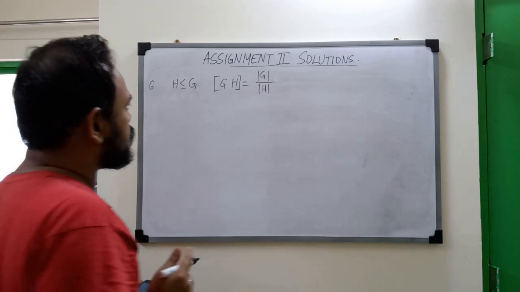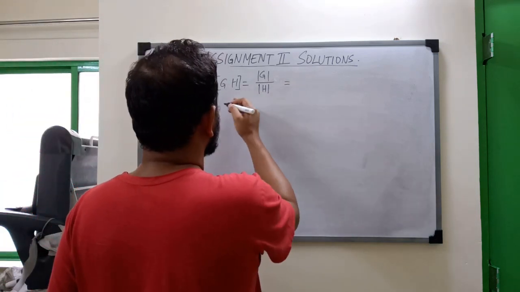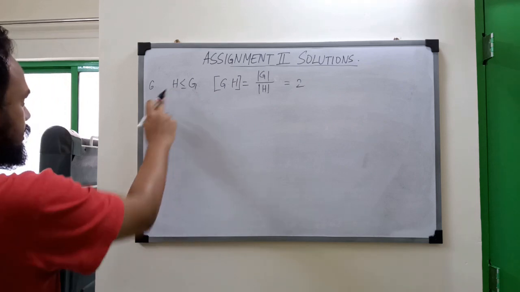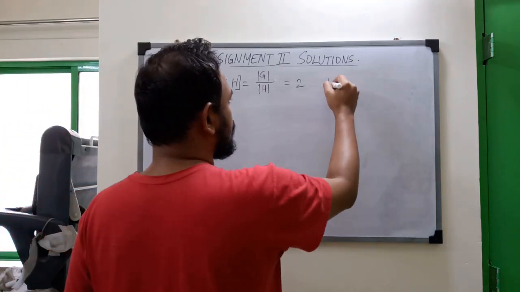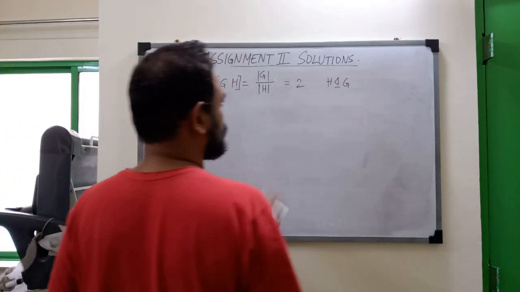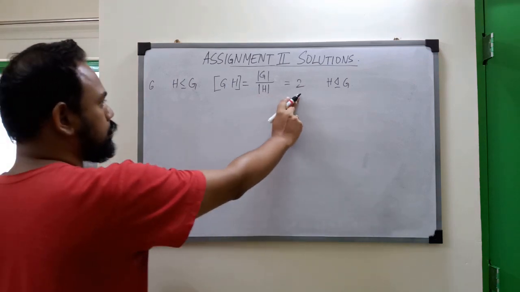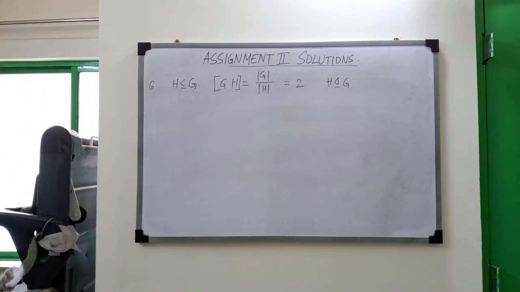Now the question is, suppose the index of H in G is 2 for a particular subgroup. Show that H is a normal subgroup of G. This is what you have to show. So the index is 2, show that it must be a normal subgroup.